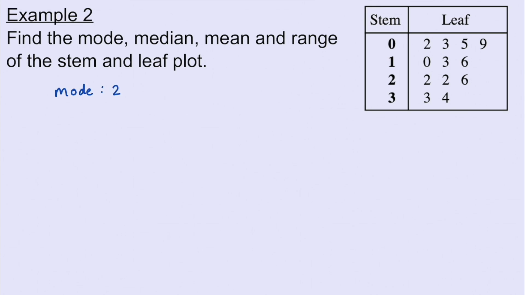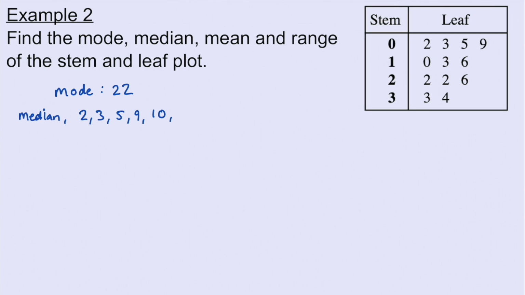So we're going to write mode is equal to 22. For the median, the first thing that you're going to do is copy out all the numbers. So let's write out the numbers here. We've got 2 is the first number, 3, 5, and 9.